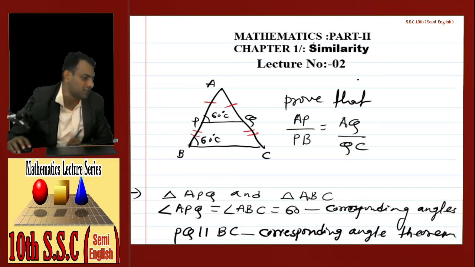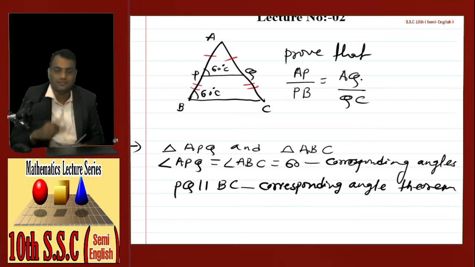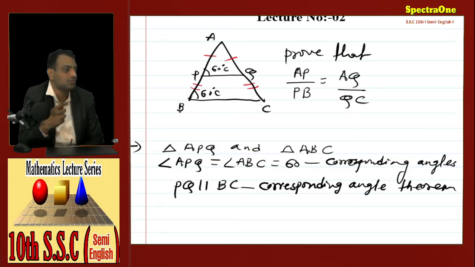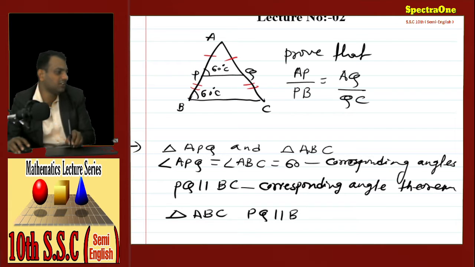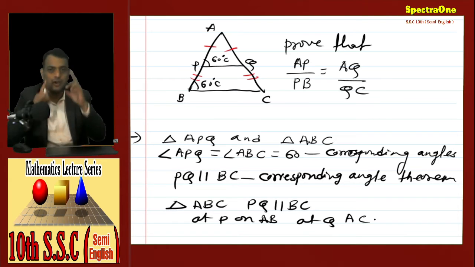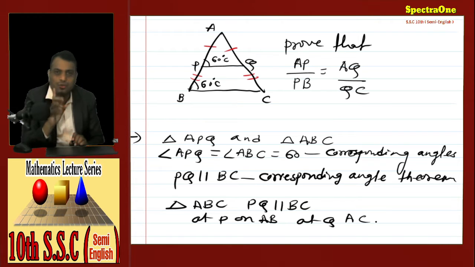Now, when PQ is parallel to BC, in triangle ABC, PQ is parallel to one side and intersects the other two sides at P on AB and Q on AC respectively.